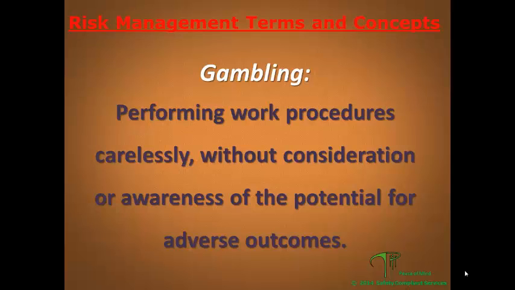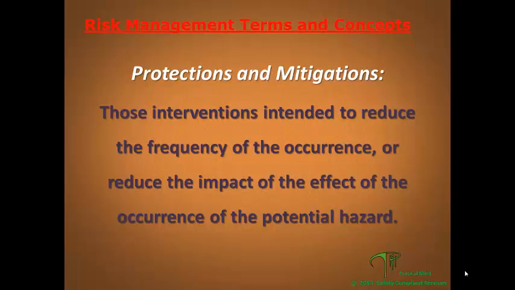The next one is that of gambling. Gambling is performing work-related procedures carelessly, without consideration or awareness of the potential for adverse outcomes. The next one is that of protections and mitigations.